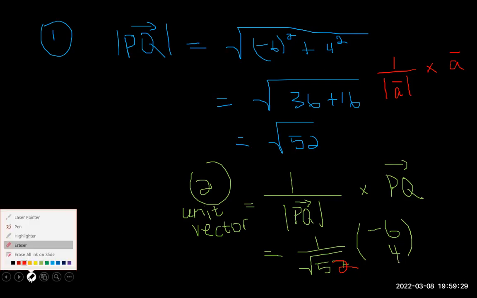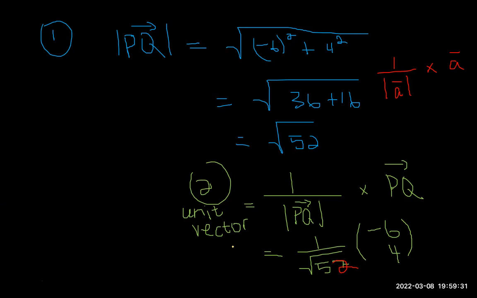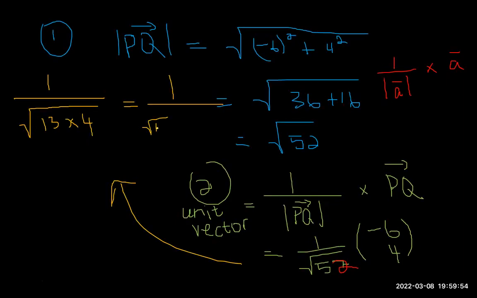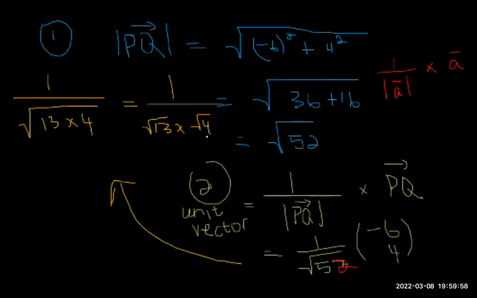So what exactly do I mean by the simplest surd form? Well, this can actually be simplified further. Let me show you what I mean, right? So the square root of 52, from surds, you should pick up that 52 is the same as saying 13 by 4. Saying 13 by 4 is the same as saying the square root of 13 multiplied by the square root of 4.